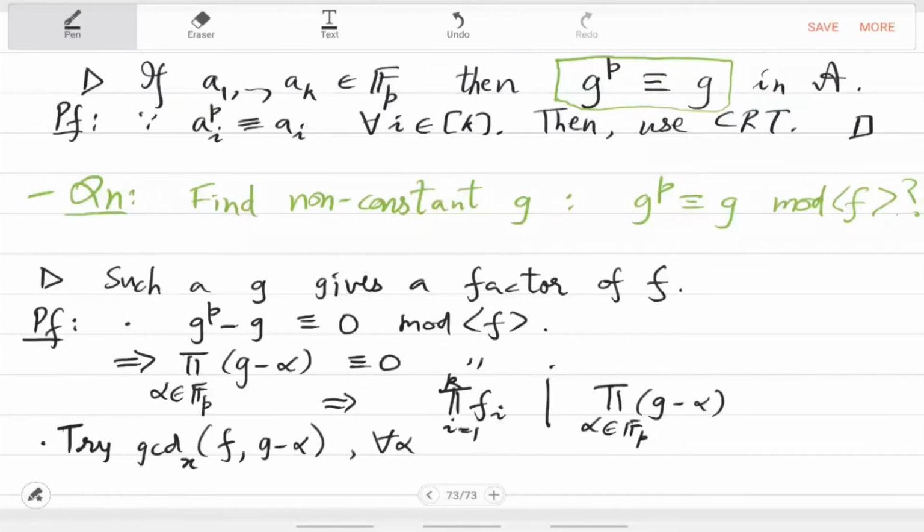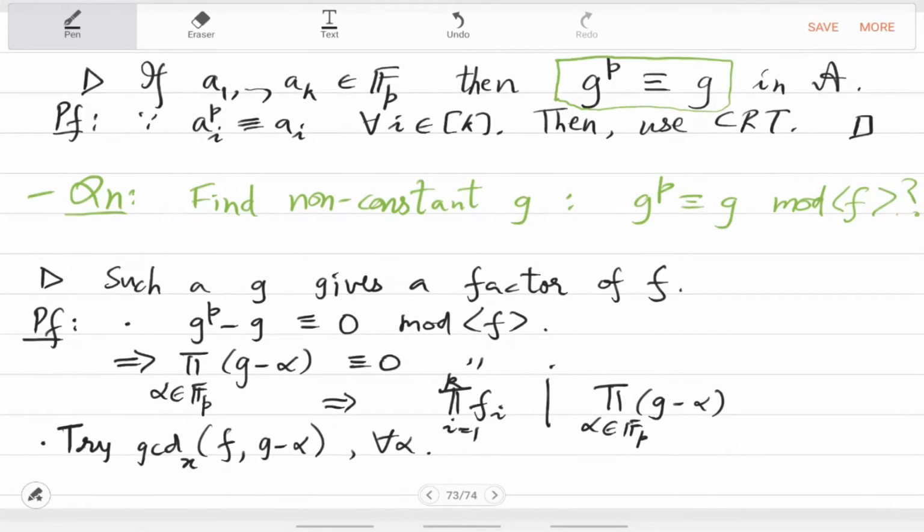And if none of these factor f, then it means that in some of the GCDs you are just getting 1 and in some other GCDs you are just getting f. You don't get anything between 1 and f. So the time when you get f, it means that f divides that g minus alpha.